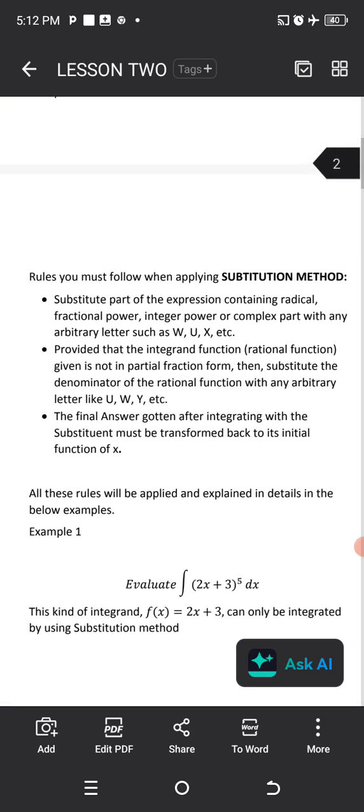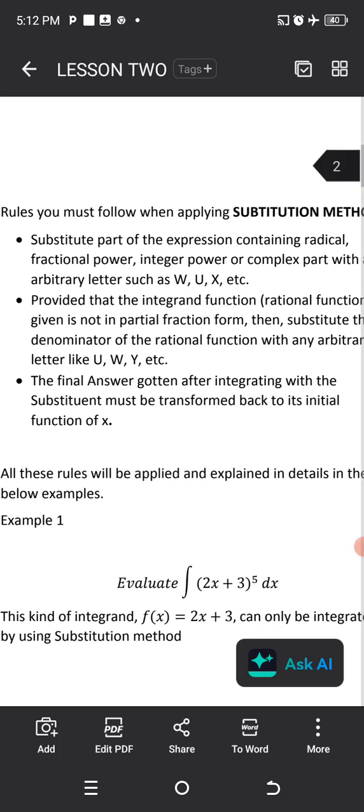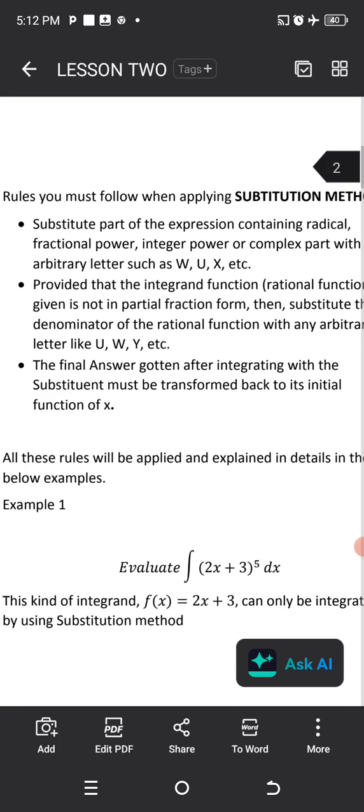The first thing is that you substitute part of the expression containing radicals, fractional powers, integral power, or complex parts with any arbitrary letter. You can use A, you can use B, you can use W, any alphabetical letter you wish to use.